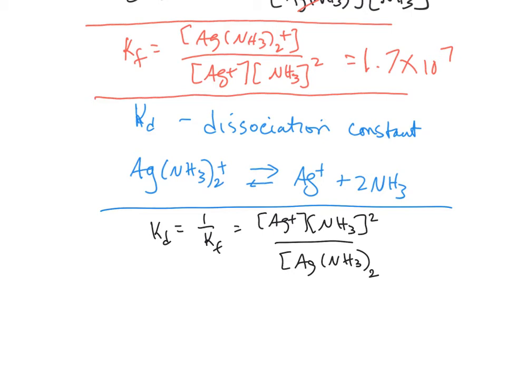That will be equal to 1 divided by 1.7 times 10 to the 7, so that will be 5.9 times 10 to the minus 8. Kd for this system is small compared to Kf, which is large. All right, so that's pretty much it.